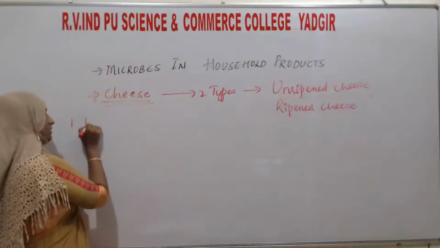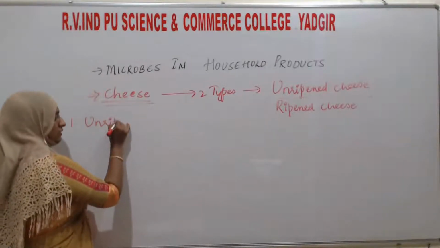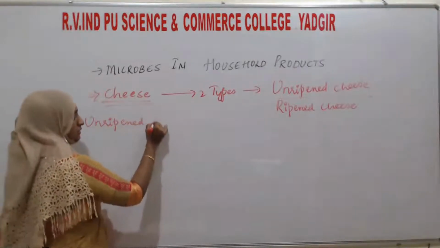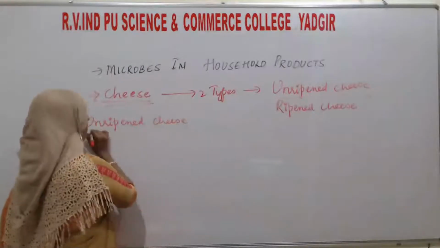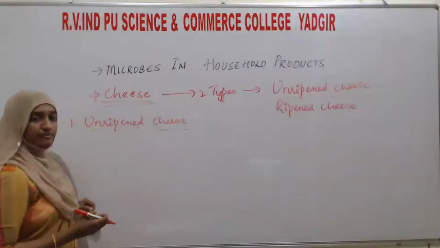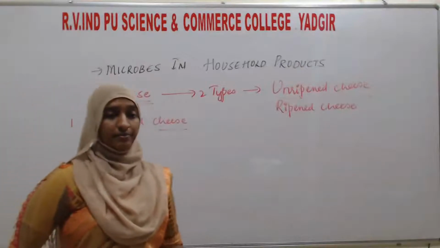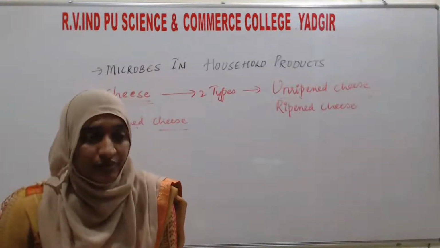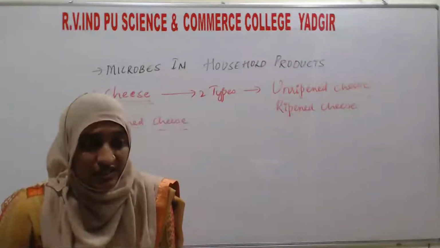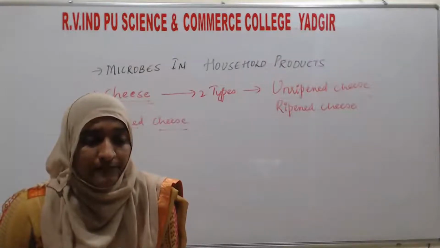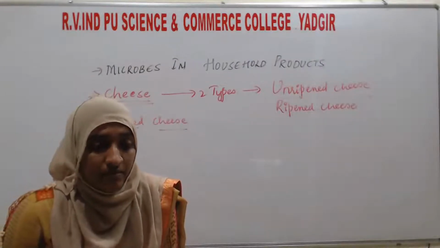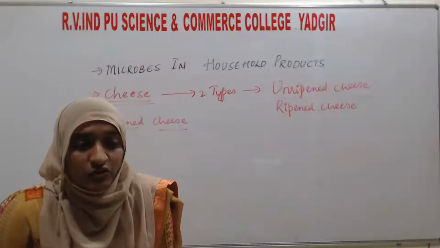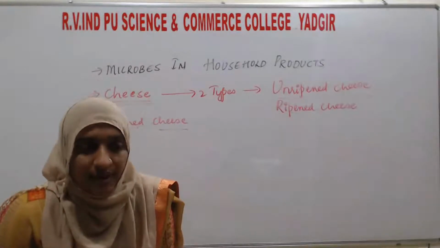You know the meaning of ripened, how a fruit ripens. Take an example: when a mango is taken from the tree, you see the color of the mango. If the color is totally yellow, you will say that mango is ripened.